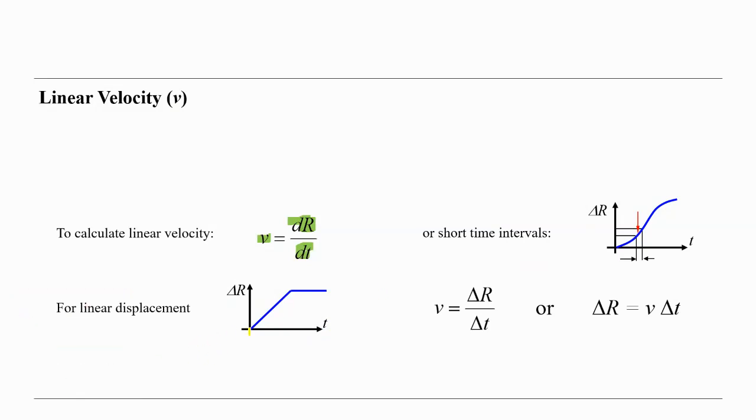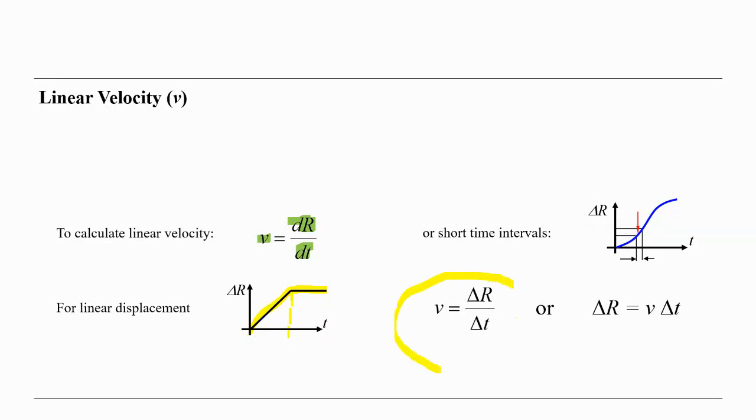If a point is undergoing this path or curve, the displacement, that means the position, is changing with time, and therefore dr over dt defines the velocity of the point moving on this path.